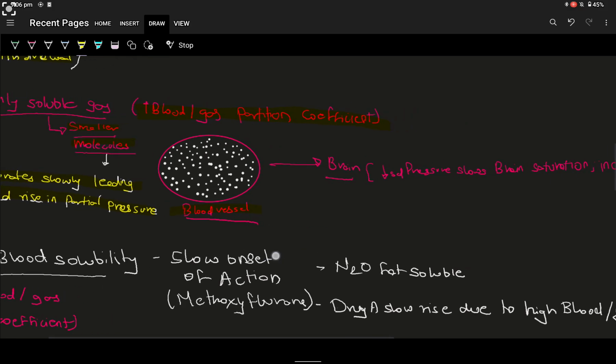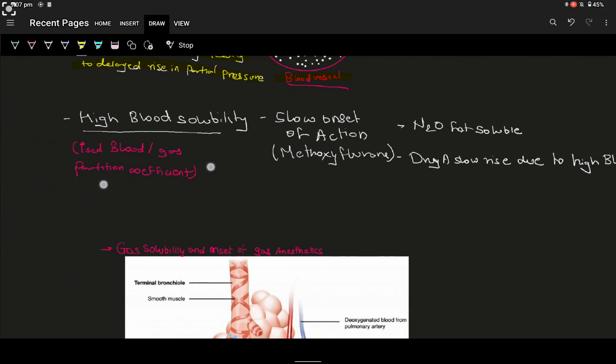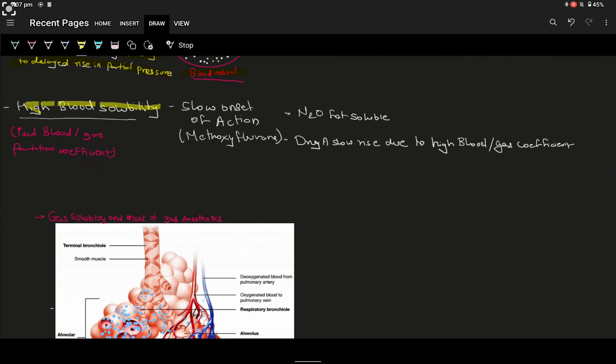So due to this delayed rise in partial pressure, there is decreased pressure and slower brain saturation, increasing the onset time for the brain to get saturated and have its effect. So the highly blood soluble gases have slower onset of action. An example is methoxyflurane. Drug A, which we had, was the example of highly soluble gas due to the high blood gas coefficient. Nitrous oxide is also fat soluble.